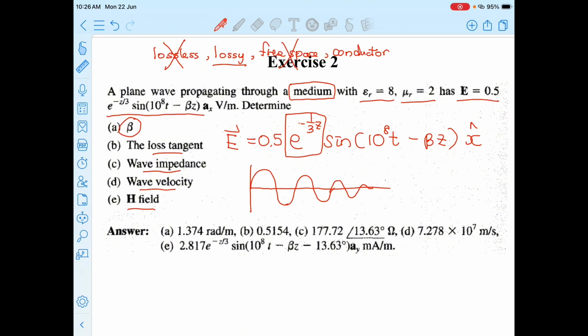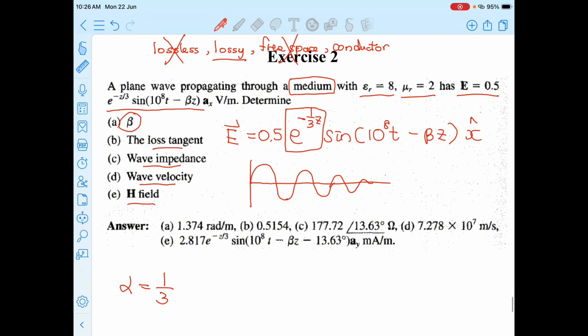One more thing you can find out from the equation is that alpha is equal to 1 over 3. It's not negative 1 over 3, you must remember, alpha is 1 over 3. You don't include the negative.